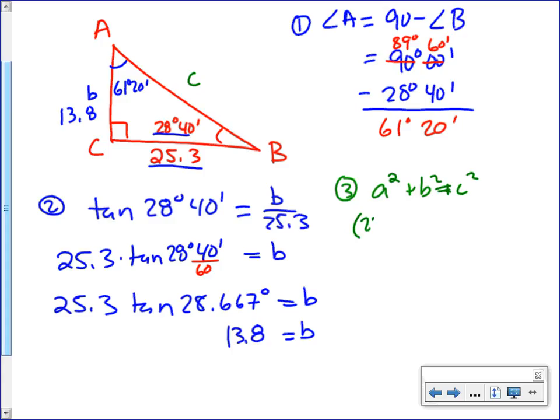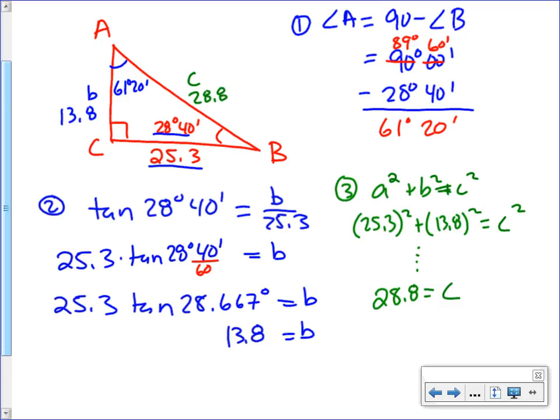So 25.3 squared plus 13.8 squared is equal to c squared. If you do some work and take the square root, you'll find that 28.8 is what c is.